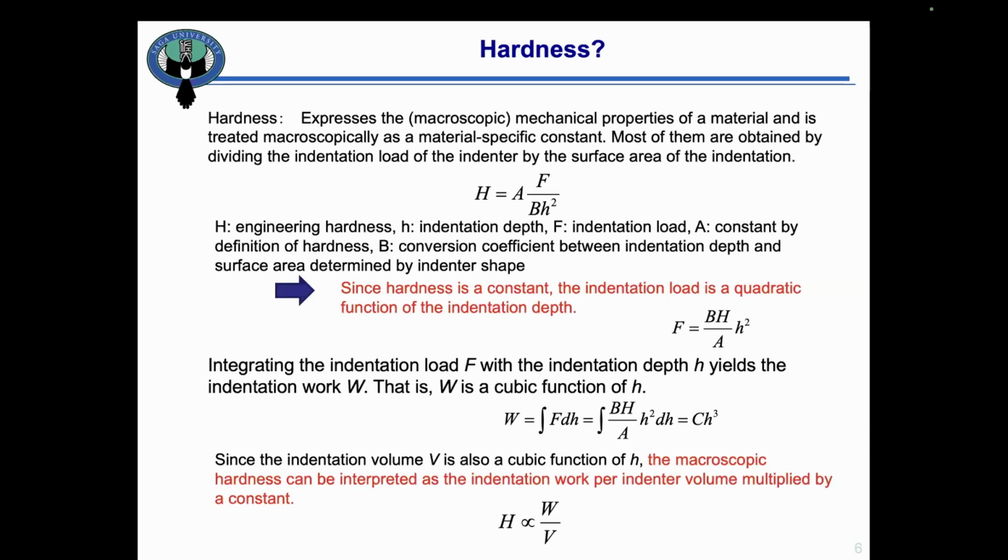Next, integrating the indentation load F over the depth H gives the indentation work W, which is also a function of H. Since the indentation volume is a cubic function of H, the macroscopic hardness can be interpreted as the indentation work per indenter volume multiplied by a constant.